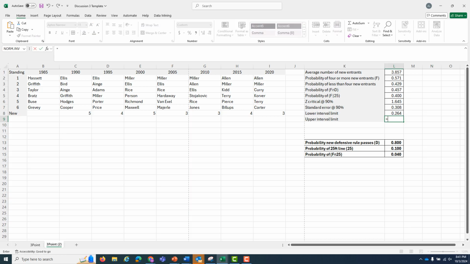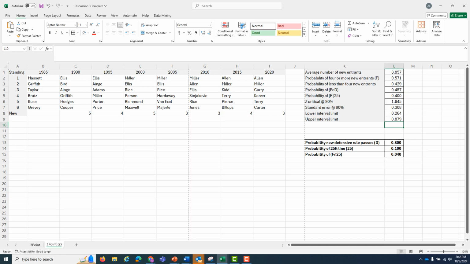And our upper limit is going to be our P bar, in this case the probability that 4 or more new entrants enter the list, plus our standard error for this confidence interval, which is that 0.308, and I come up with a range between 0.264 and 0.879.